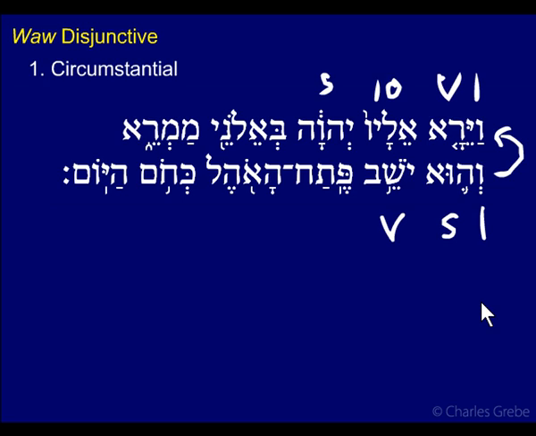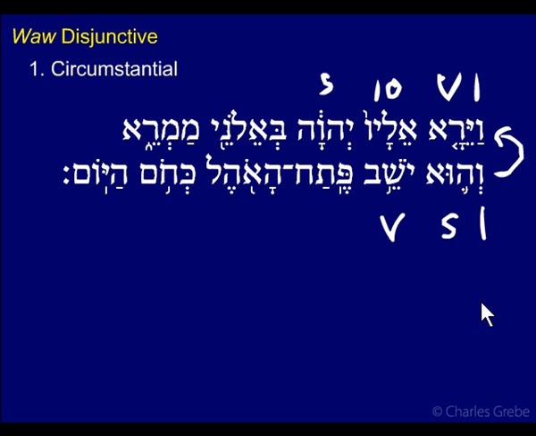It could be concessive, meaning it's giving a concession. You have the main clause that says something, and you translate although something else. It could give the cause: such and such because of something else. Or manner: someone did something by doing something else.